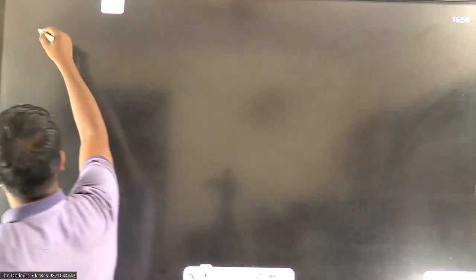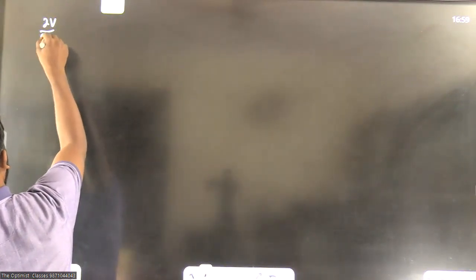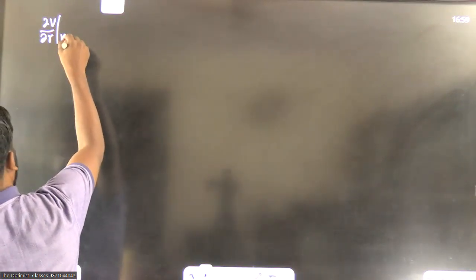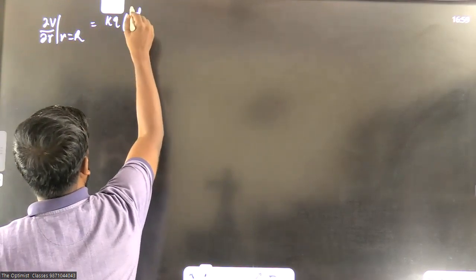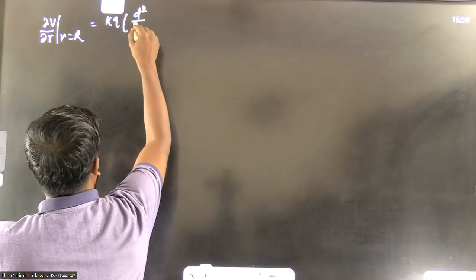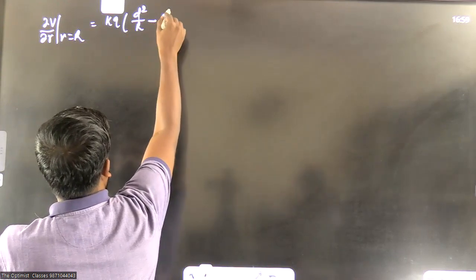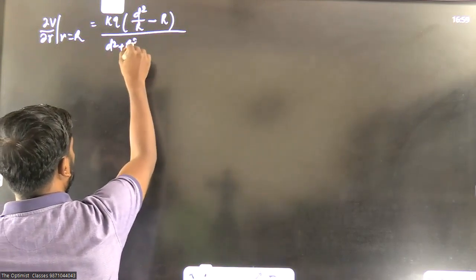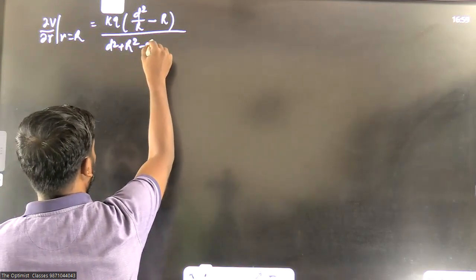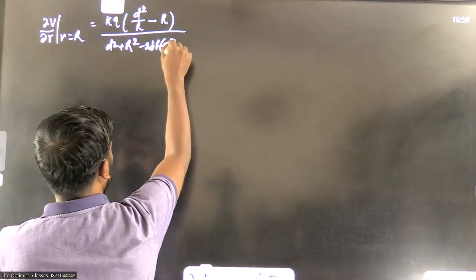So we have gotten dV by dr at r equal to capital R, that is equal to kq, and here we have d square by r minus r, divided by d square plus r square minus 2d into r and cos theta.